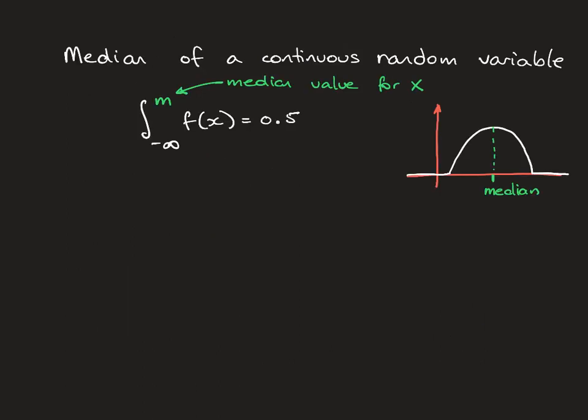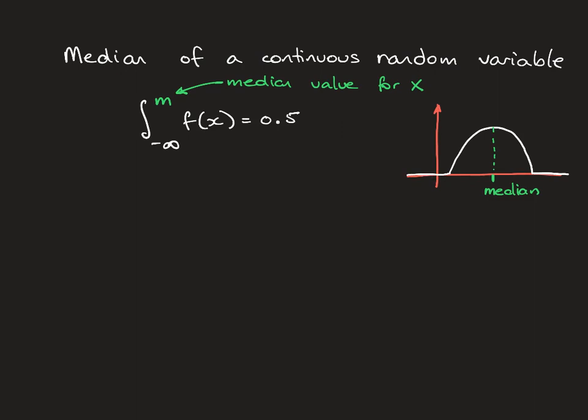To find the median of a continuous random variable, so the median is the middle value when the values are lined up from smallest to largest or largest to smallest. And that's what you get when you put your x values on an x-axis. They're lined up from smallest to largest, or if you like, largest to smallest.